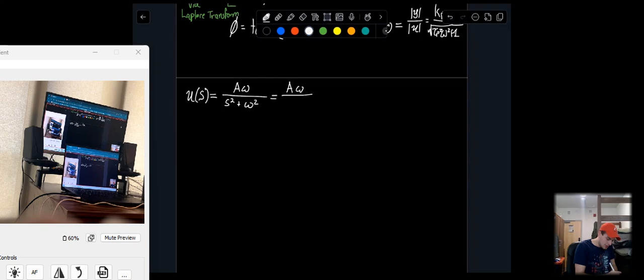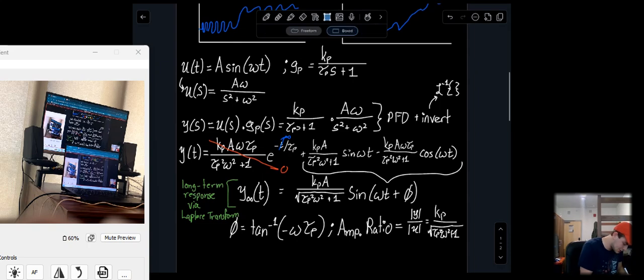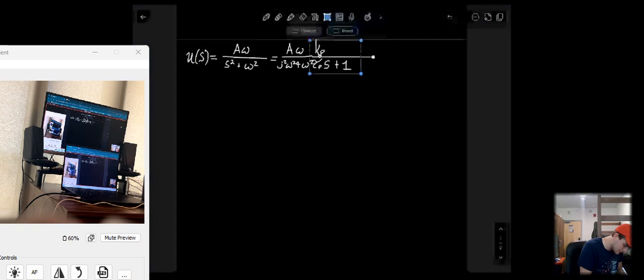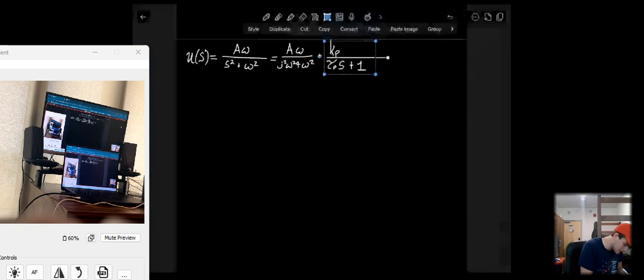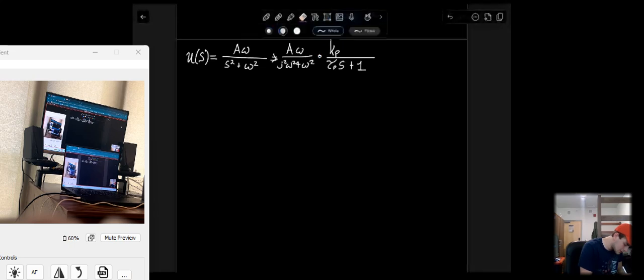So A omega over s squared plus omega squared is going to be A omega over j squared omega squared plus omega squared, times our process function here. And we're going to input j omega down here.